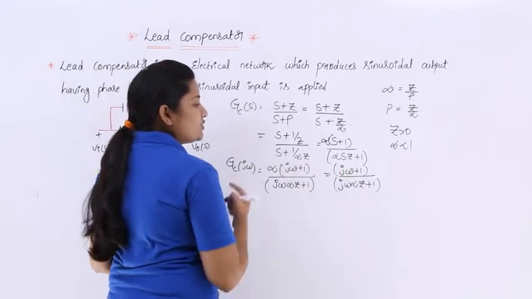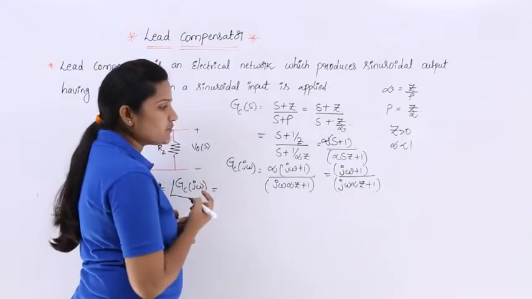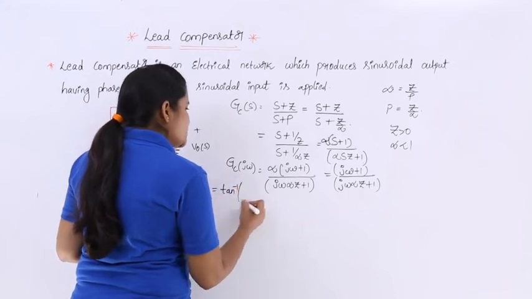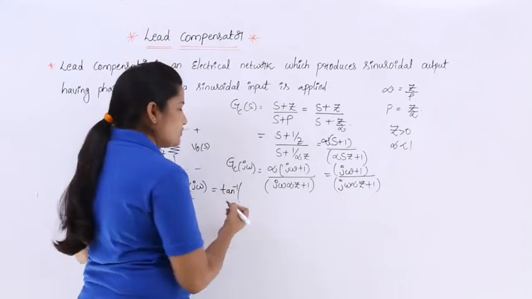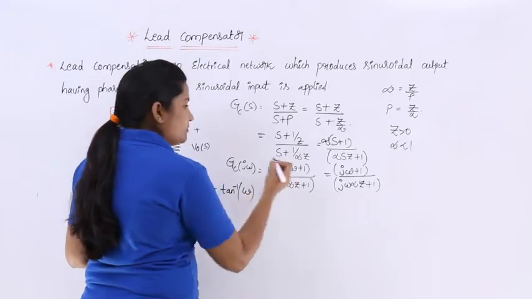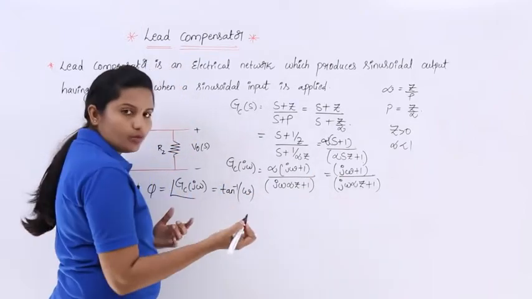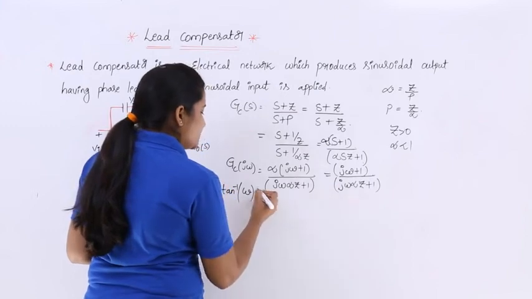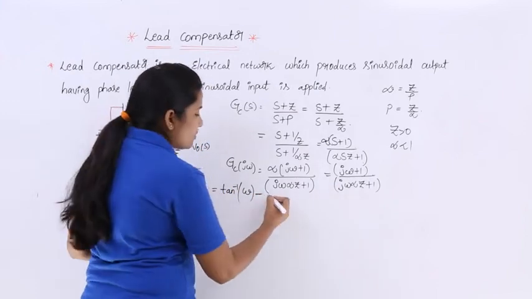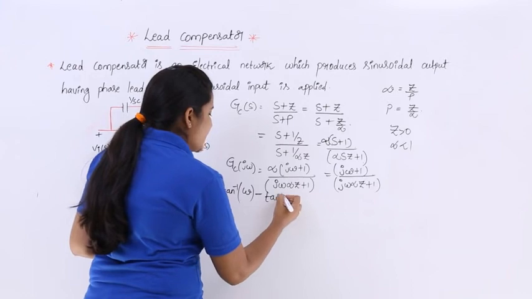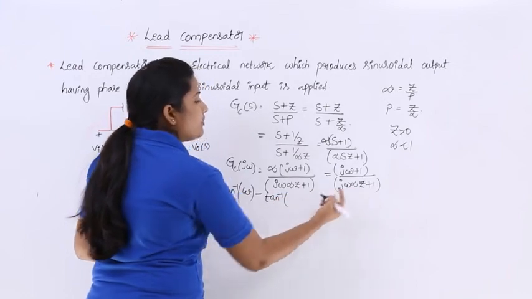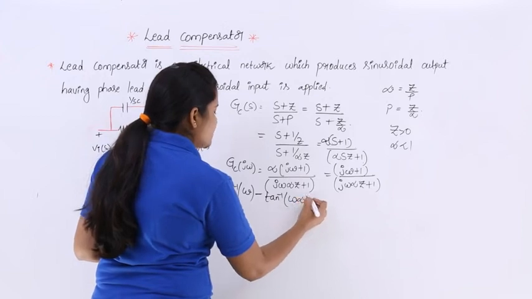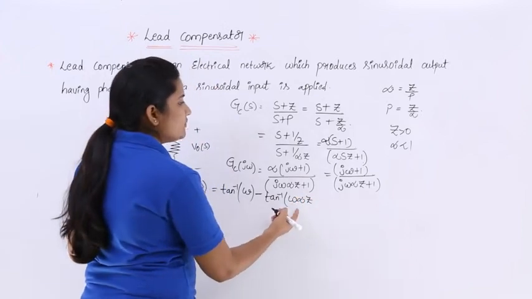You can see in the numerator (j omega plus 1) is there, so we can write tan inverse of omega by 1, that is, tan inverse omega. In the denominator, put a minus, so minus tan inverse, where the multiple of j is omega alpha z.